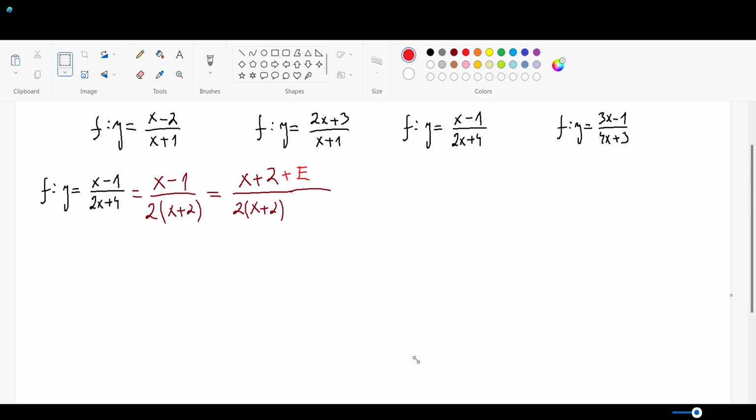Let me delete this one, and as we calculated, e must be negative 3, so we can put here, instead of plus e, which was just for the explanation of how to get that, take away 3.